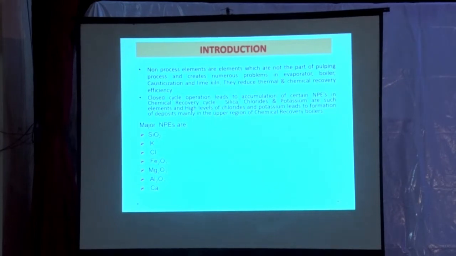So silica, chloride, and potassium, which are major culprits in the recovery boiler, are recycled and building up from cycle to cycle in the chemical recovery cycle. The major elements which impact recovery are silica, potassium, chloride, iron oxide, magnesium oxide, alumina and calcium.